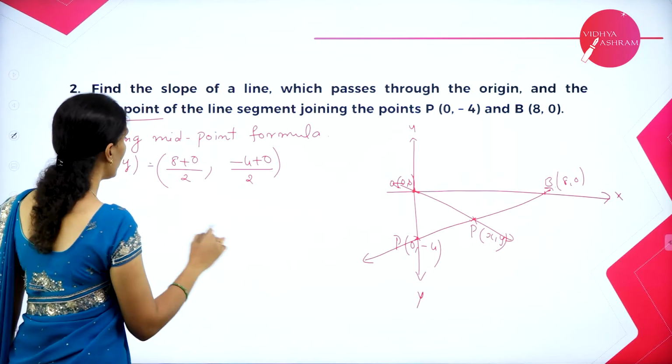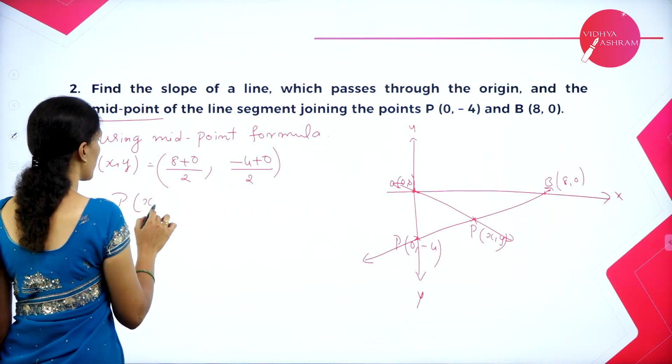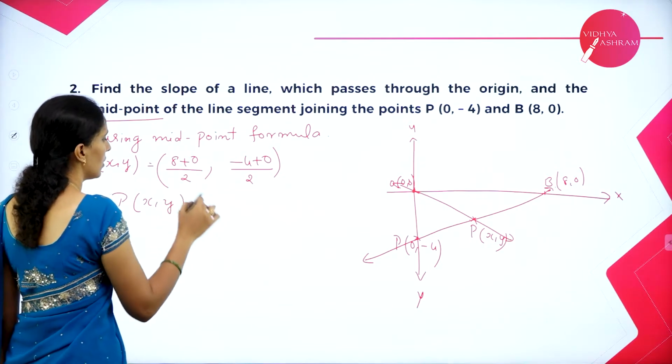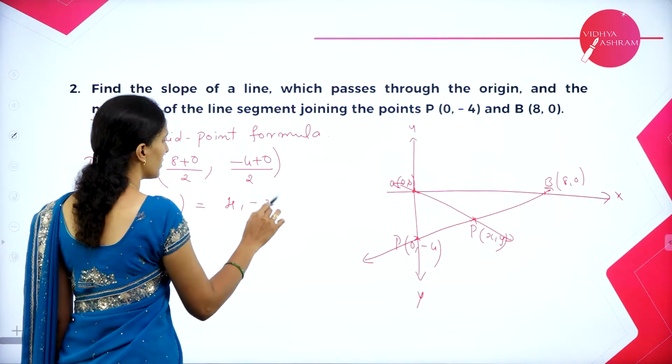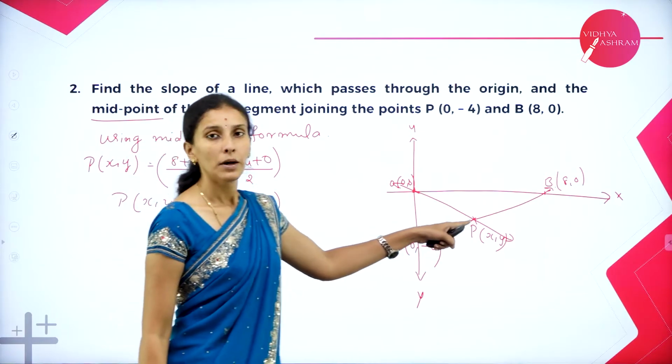So what I will get is the coordinate of P of x, y as 4, minus 2. So this is the coordinate of the point P.